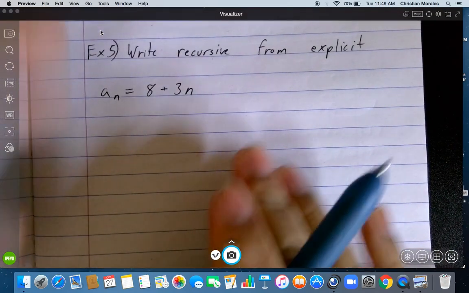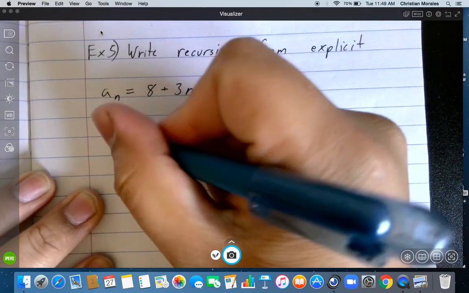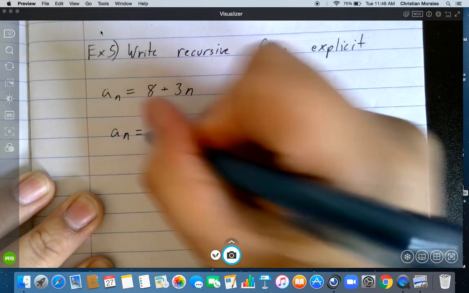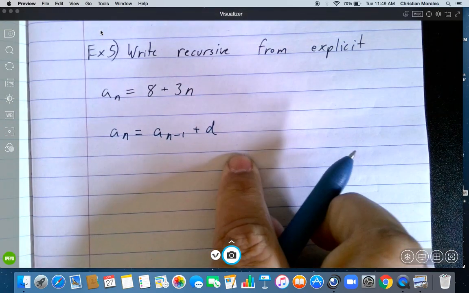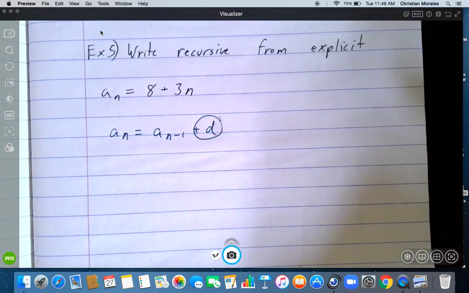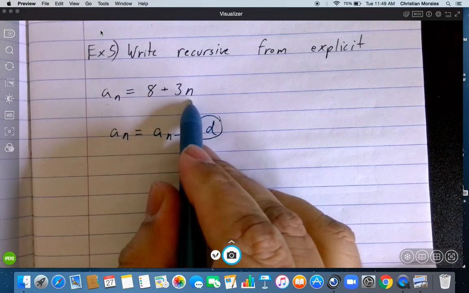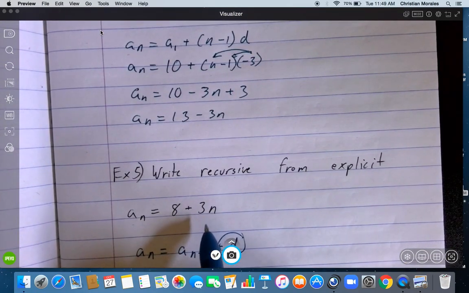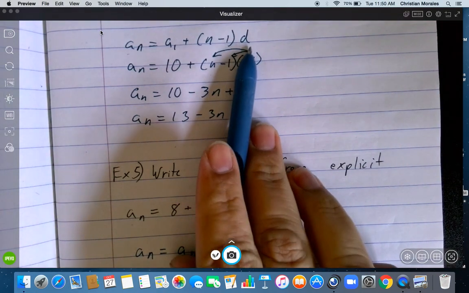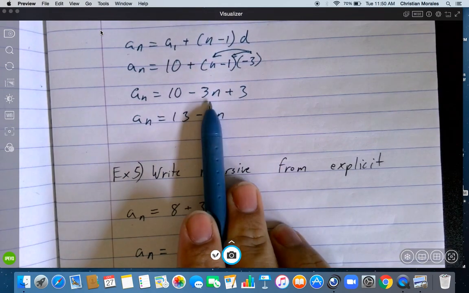What if they want the recursive and they gave you the explicit? Okay, so the recursive one is just this. What's the only number you need? The common difference. Okay, if I look at this, which of these is my common difference? Well, let's take a look at this one. The common difference is multiplied to two numbers right here.